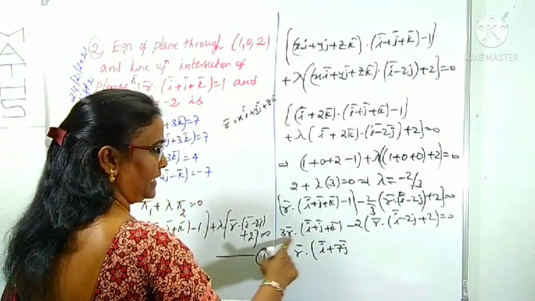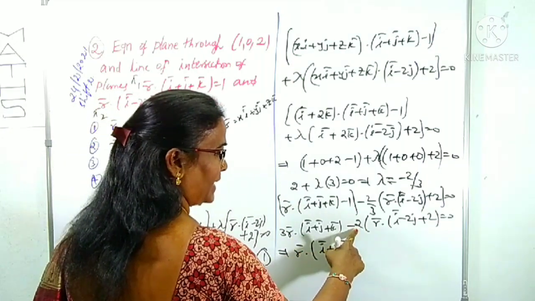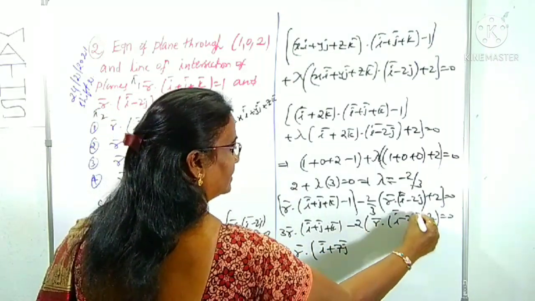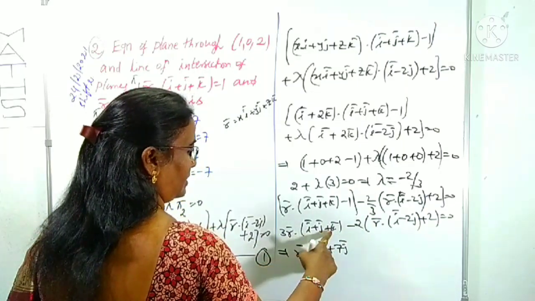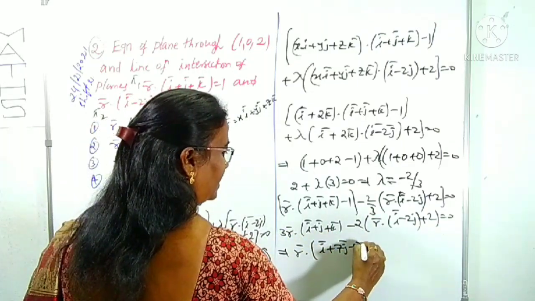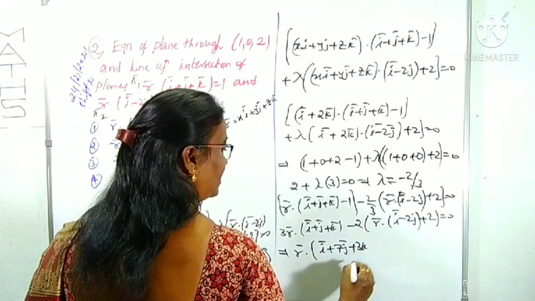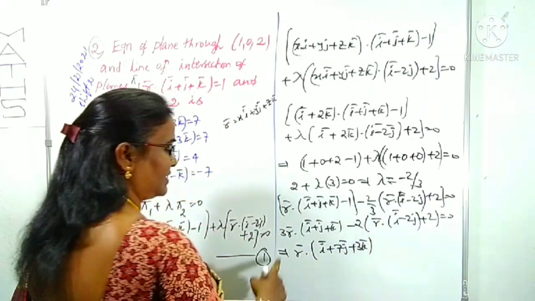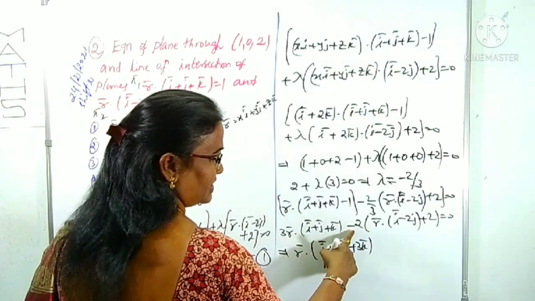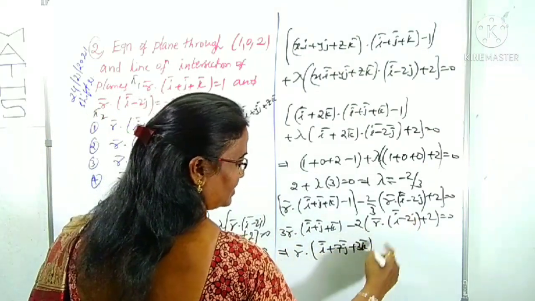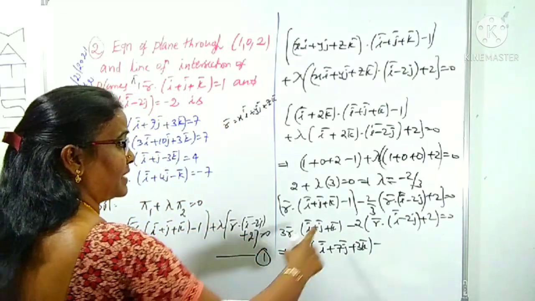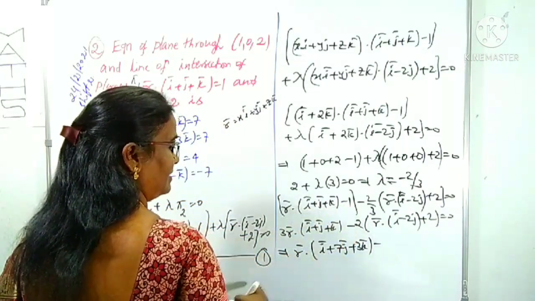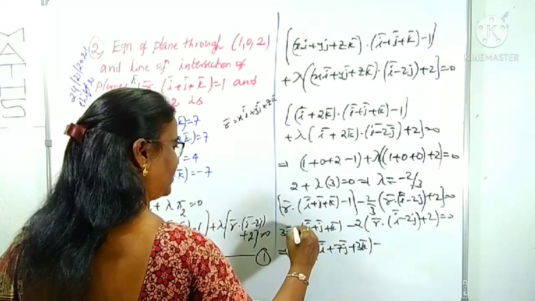Next k: 3 into k is 3k, there is no k term in the other, so 3k only. Now the constant: minus 3 plus 4 comes here totally.